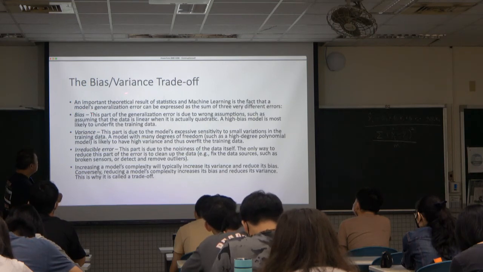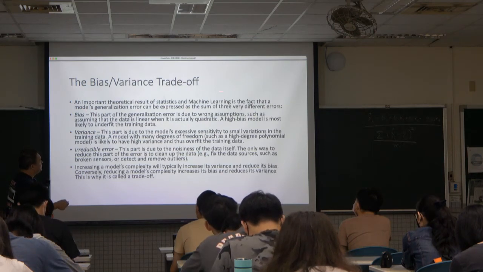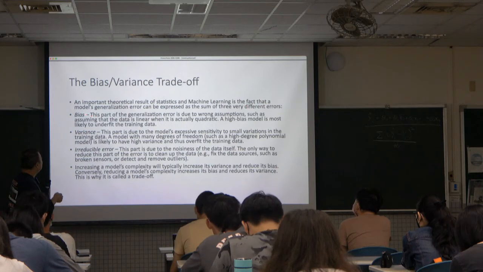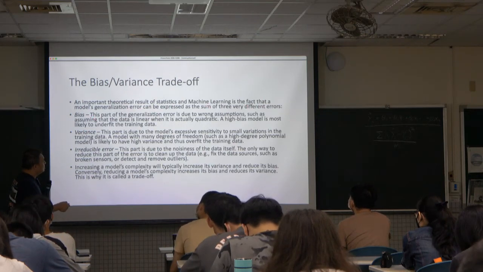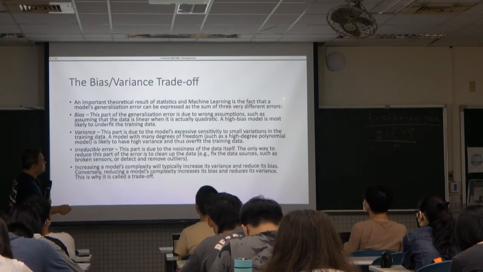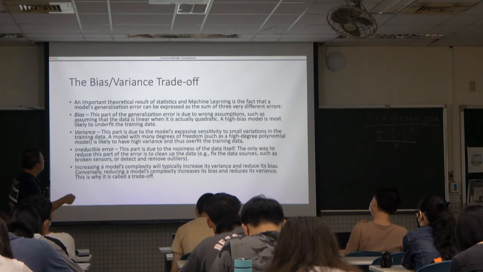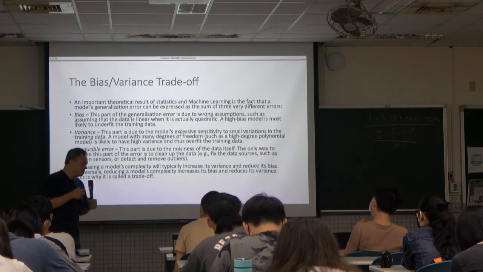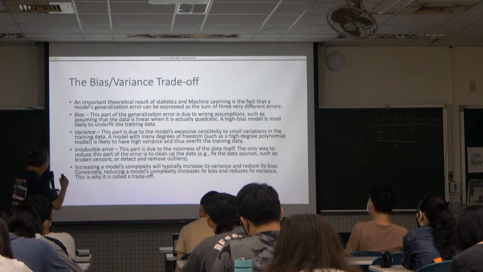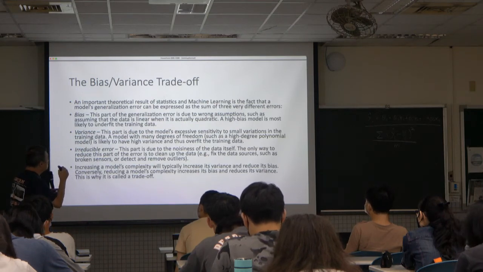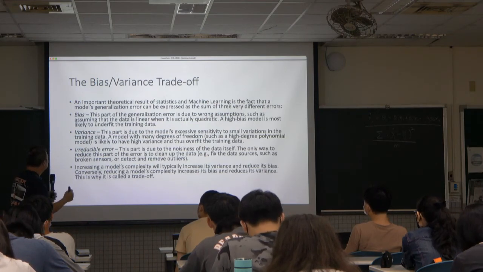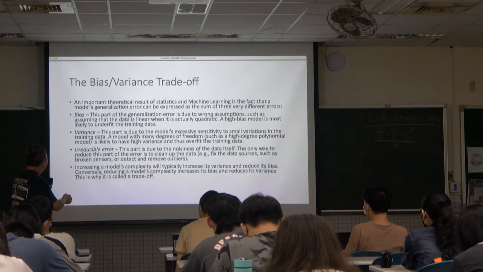An important theoretical result of statistics and machine learning is the fact that a model's generalization error can be expressed as a sum of three very different errors. The error is caused by three different reasons. The first one is the bias.